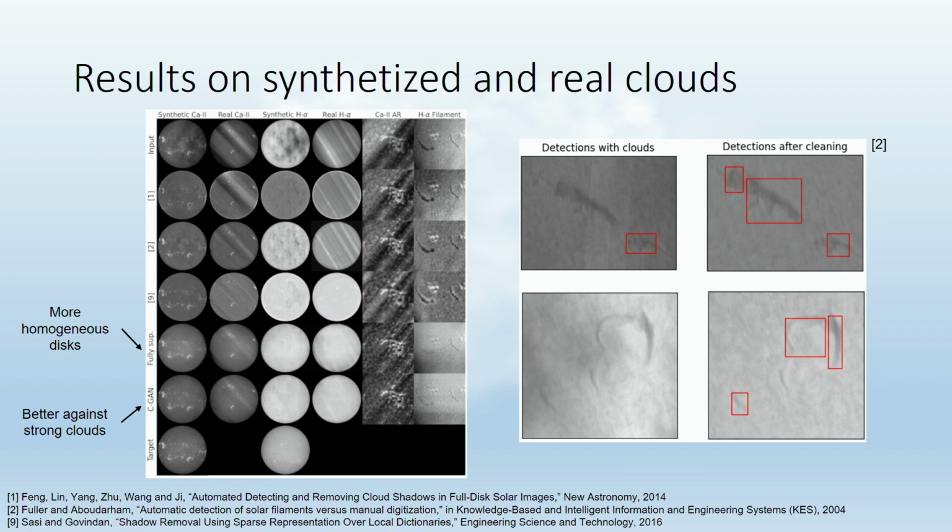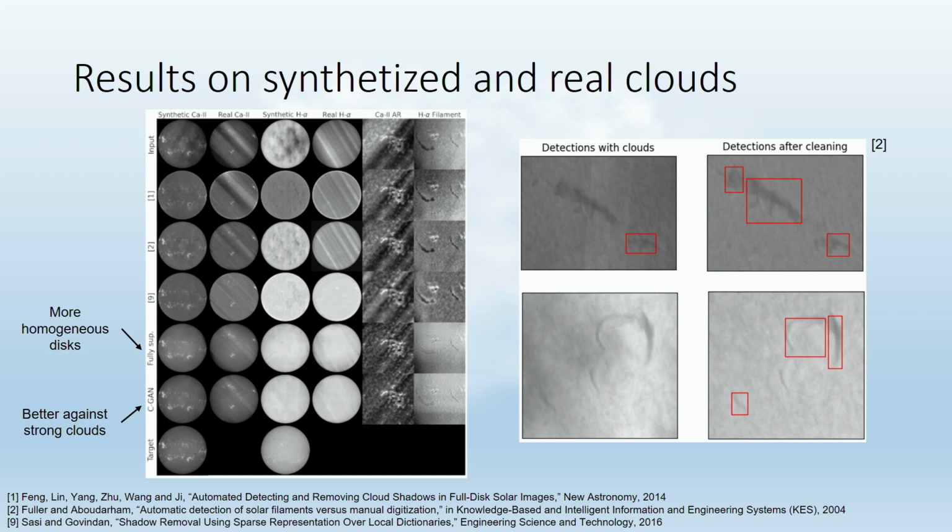So here are some first results on both H-alpha and calcium-2 images. The first row for each case is synthetic clouds and the second real clouds.